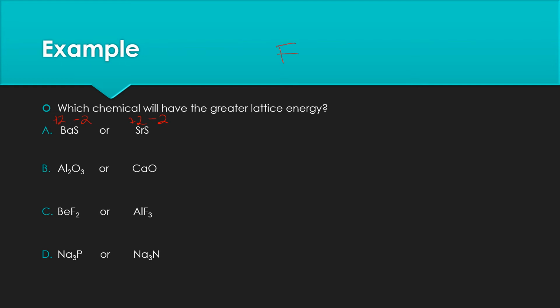So again, force is charge over distance. We always look at charge first. Well, the charges are the same. So now we're going to look at the size of the ions. Since they both share sulfur, we can ignore the sulfur. We're going to compare barium and strontium. We want the greater lattice energy. So if we want this force of attraction to be greater, we need the distance to be smaller.